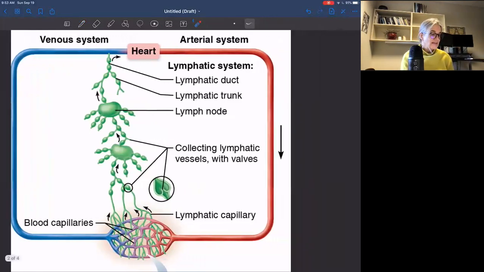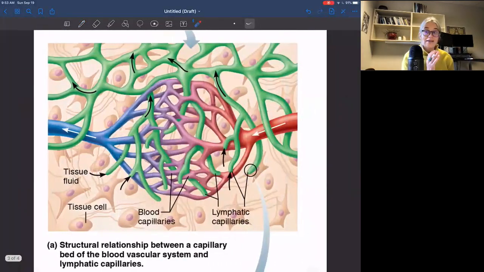So if we look at this diagram in a little bit more depth, we can see that the capillaries are blind-ended tubes, and their function is to open up when there is extra fluid in the tissues, and that is called interstitial fluid. And what happens is that it sucks that fluid back up and it removes it from the tissues.